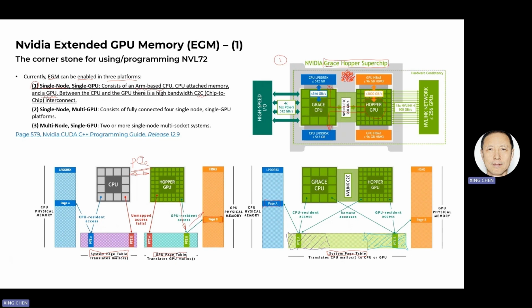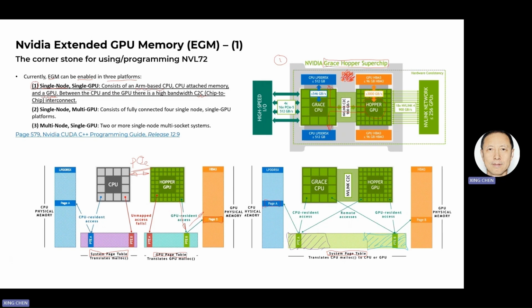Yes, it is. We can understand this system page table as a logical unified page table, but a physically distributed page table. That means the page table has been separated into two parts and distributed onto the CPU and the GPU.